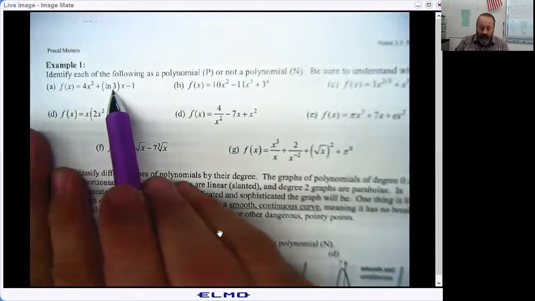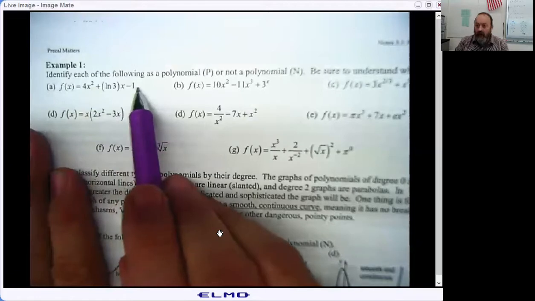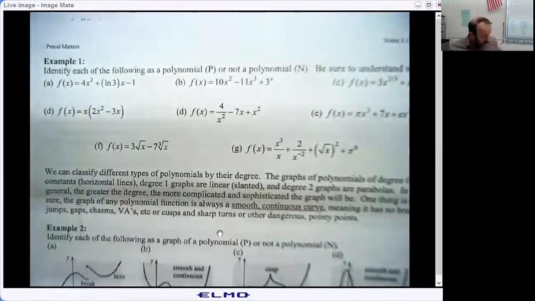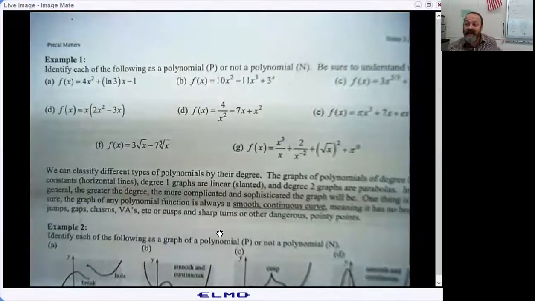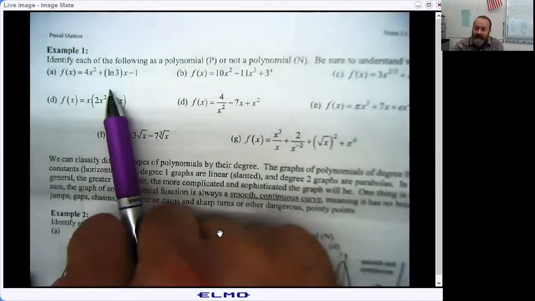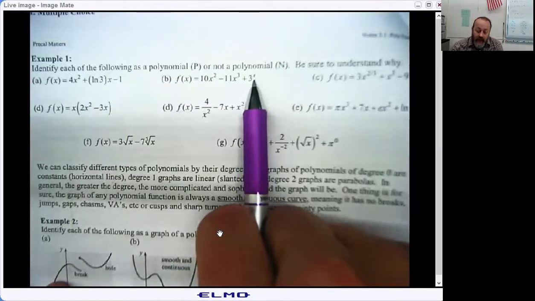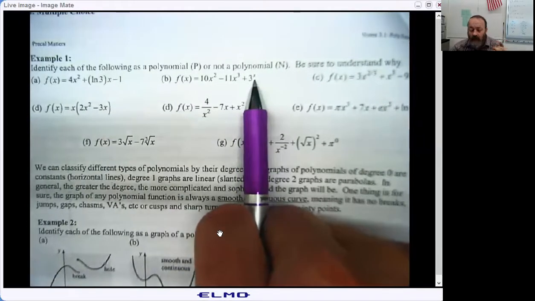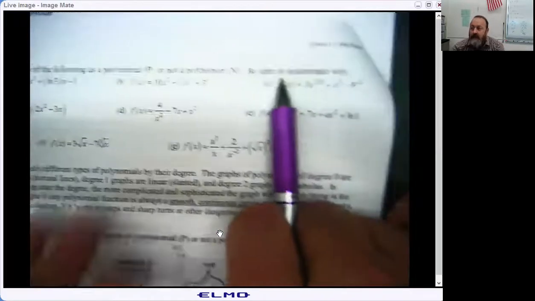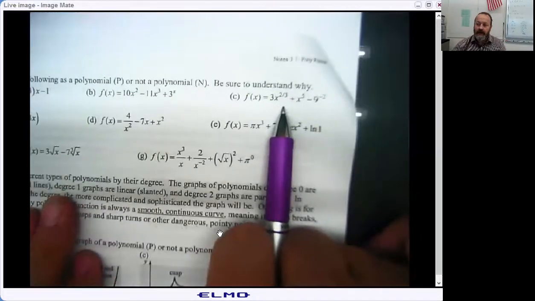I care about the exponents, and I have an exponent of a 2, a 1, and a 0. And when I say exponents, I specifically mean exponents on the variable. So this is a polynomial just fine. This one is not, because there's an x in the exponent. Remember, the exponents had to be whole number values, like 0, 1, 2, and 3. Letter C is definitely not a polynomial because we have an exponent of 2/3.